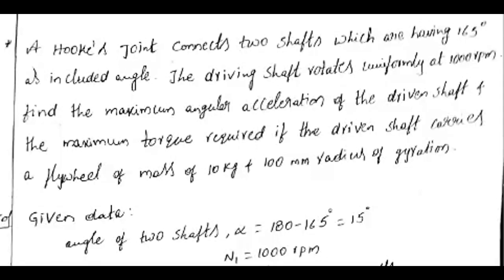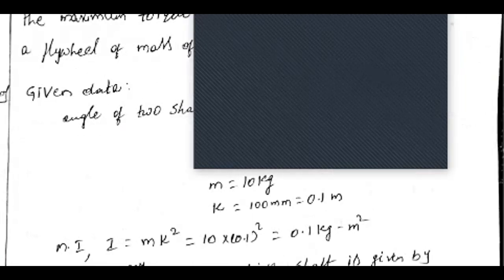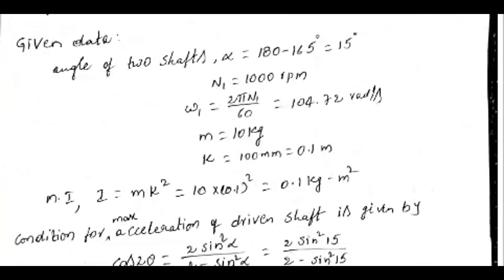The driving shaft runs at 1000 rpm, so that speed value is 1000 rpm. Now, when we know the speed of the driving shaft, we can find its angular velocity.